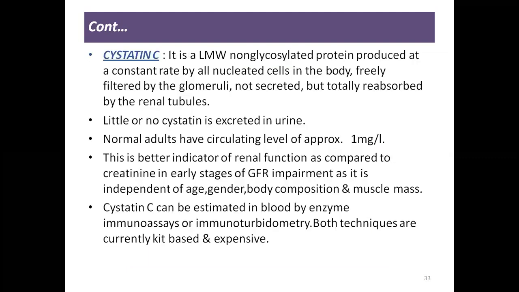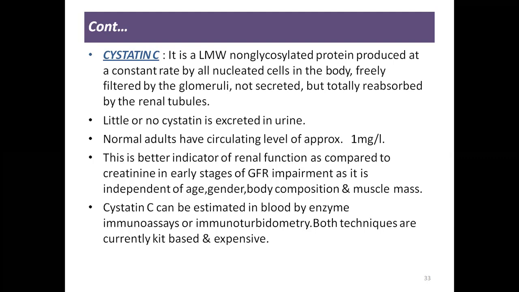Now we have one more low molecular weight glycosylated protein product, that is cystatin C. It is produced at a constant rate by nucleated cells in the body, freely filtered by the glomeruli, not secreted but totally reabsorbed by the renal tubule.